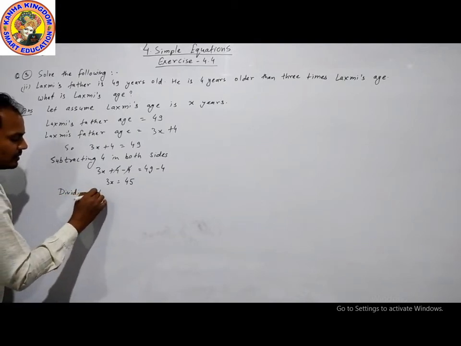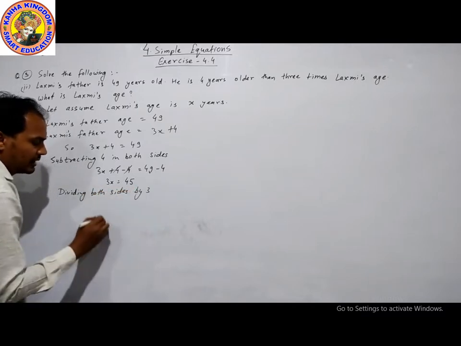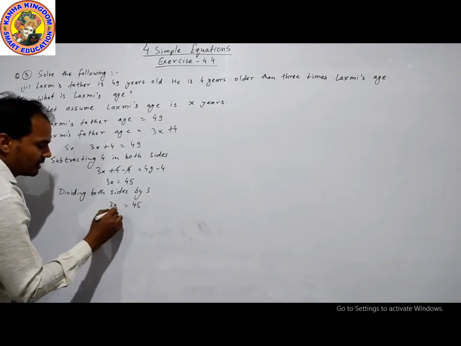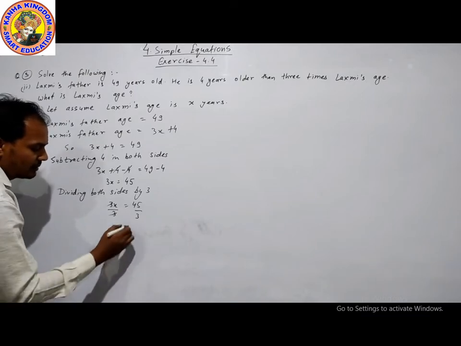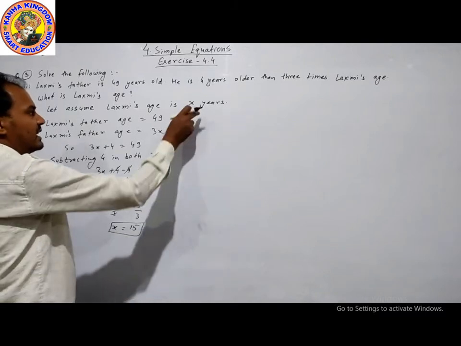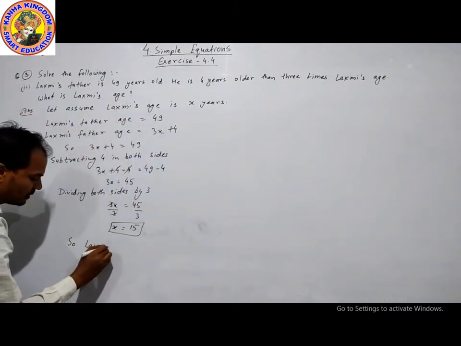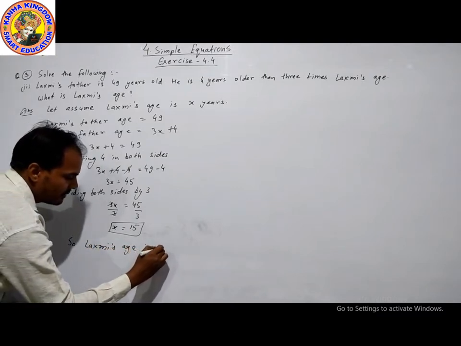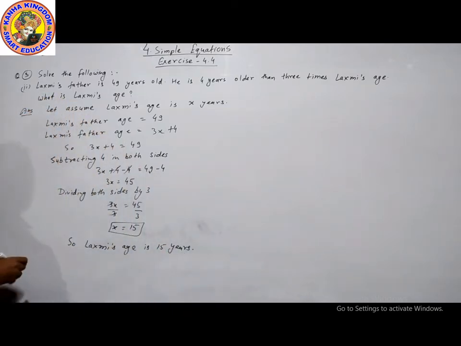Dividing both sides by 3. 3x is equal to 45. 3 and 3 cancel. x is equal to 15. What is the x? Lakshmi's age. So Lakshmi's age is 15 years. This is our answer.